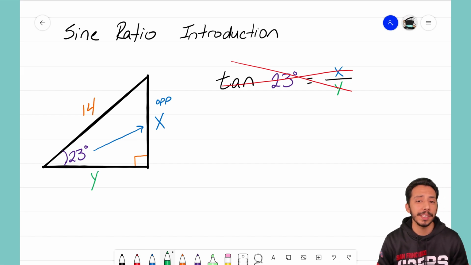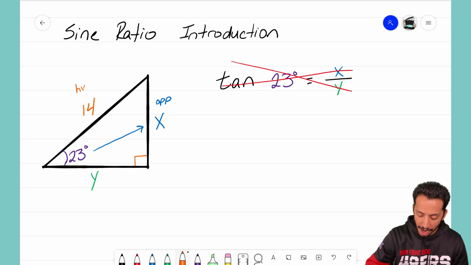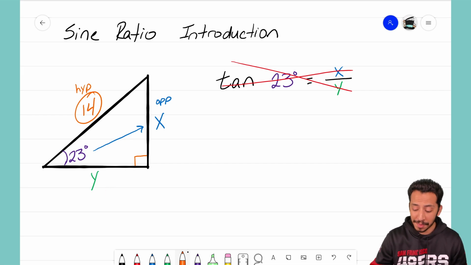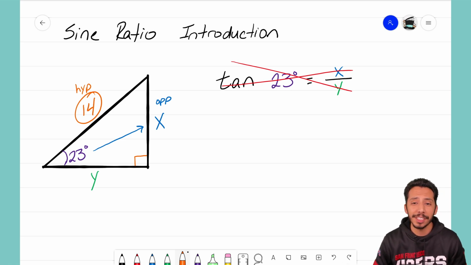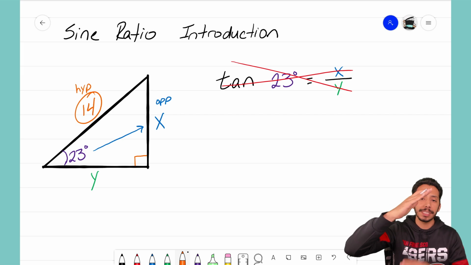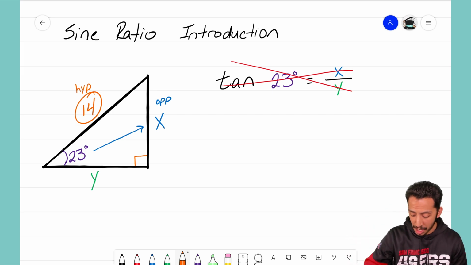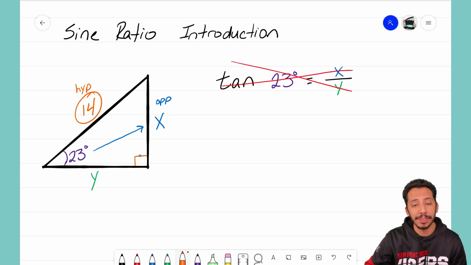What's nice about this example is that they do tell us the hypotenuse is 14. If that 14 had been on the bottom, we definitely could have used tangent, but it is there as our hypotenuse. Remember, the hypotenuse is the diagonal side of the right triangle, always across from your right angle.